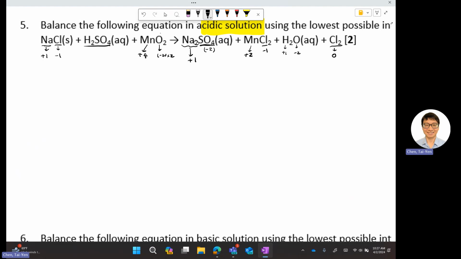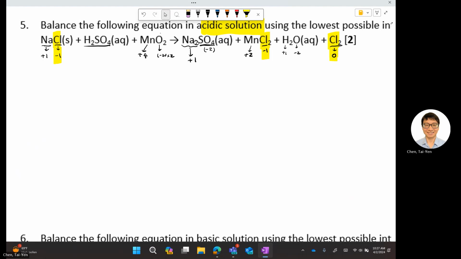Once you list everything out, you start to identify which species undergo oxidation number changes. Na is not the one you're looking for, so we check Cl. Cl starts from -1 on the reactant side, and on the product side you also have Cl at -1, so that is not the one, but this one is.